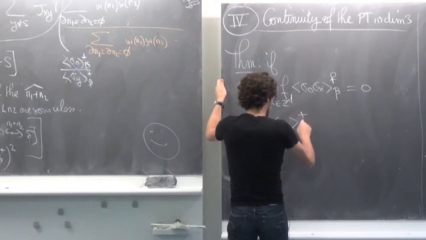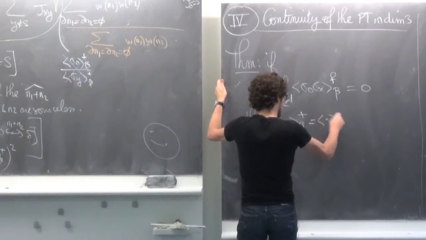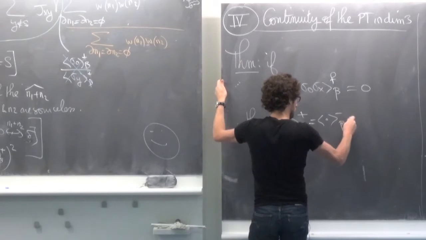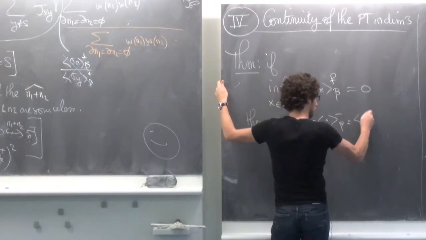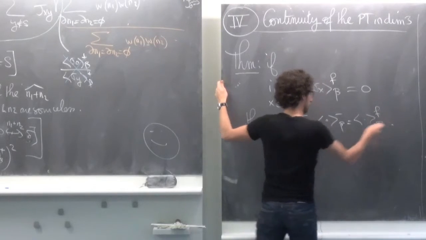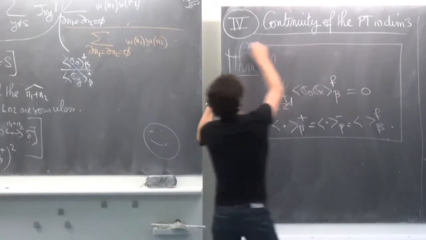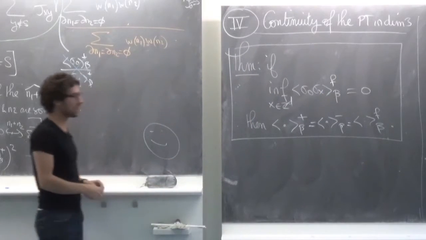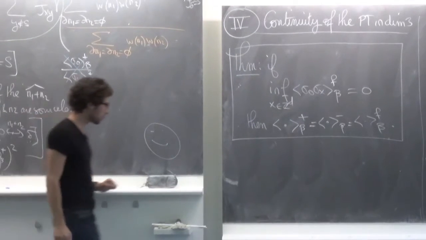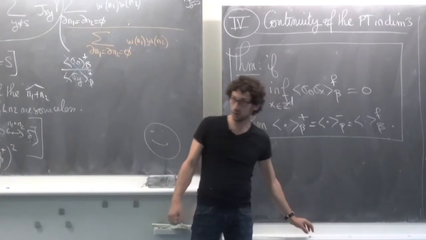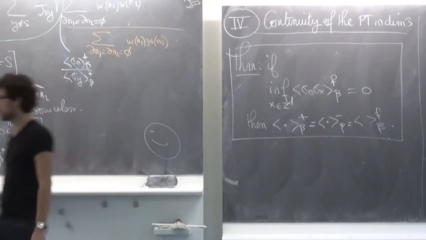In fact, the theorem is going to be that the plus state is equal to the minus state, and it's equal to the free state. So it's a little bit strange. It says if the free state is disordered somehow, you agree?